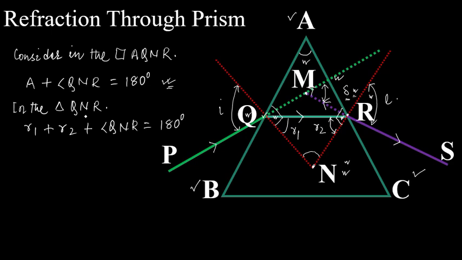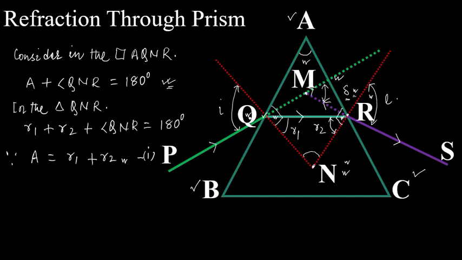If we consider these two equations, then here will be A equal to R1 plus R2. Hope that there is no problem to understand at this step. Suppose this is equation 1.